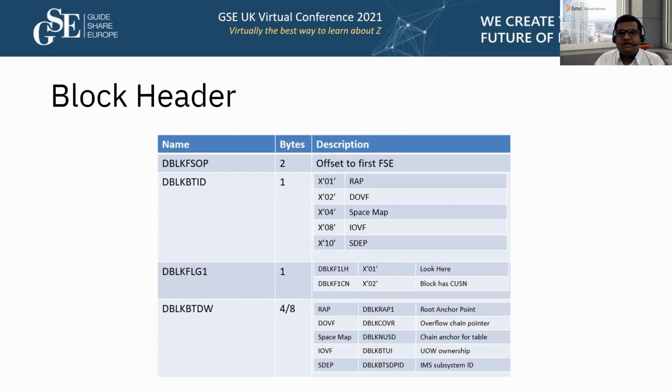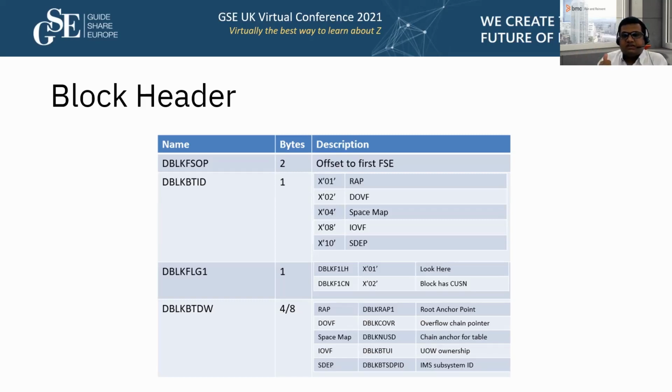In the block trailer, there is something called cousin, which is your RBA sequence number. Whenever your CI gets updated, this cousin gets incremented. So whether this particular block has that sequence number or not, this flag basically signifies that presence.